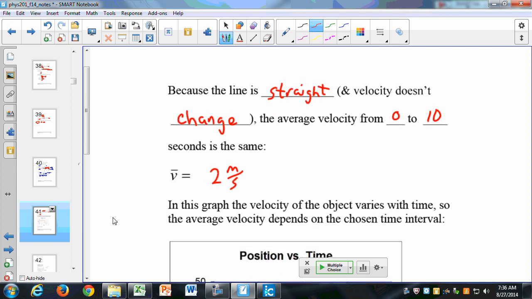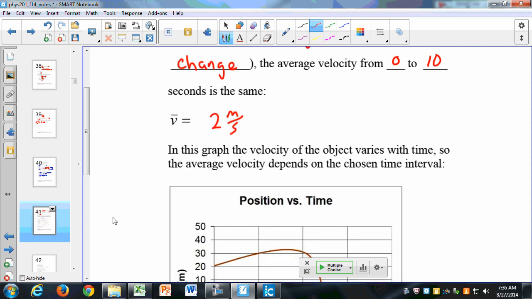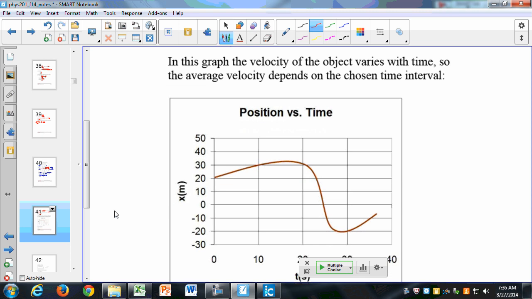All right. Now, often the case is that we'll deal with position versus time graphs that are not linear, something like this, and then our average velocity we'll calculate in much the same way.